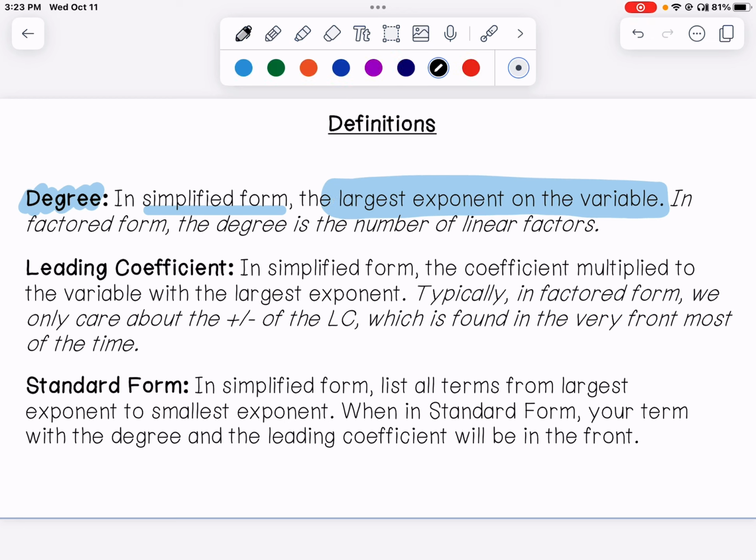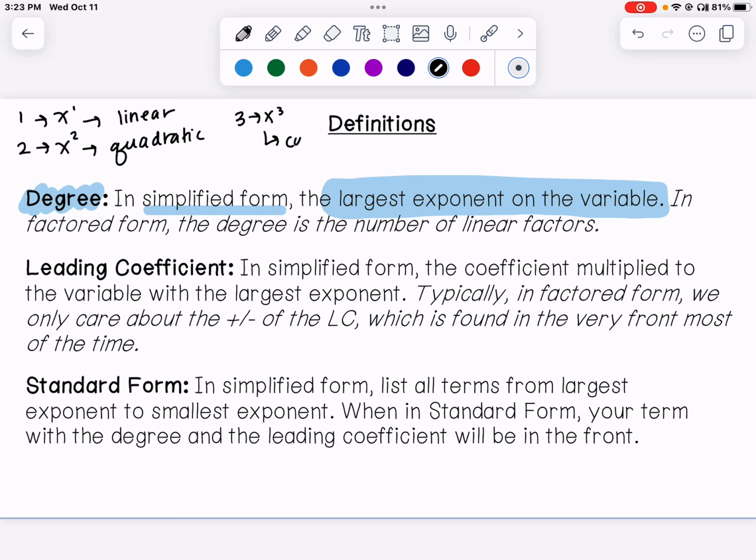So if your degree is 1, which means that your highest exponent is just x to the first, then this is known as a linear polynomial. If your degree is 2, which means that your highest exponent on your variable is 2, then this is quadratic. The next one is 3, so you have an x cubed.